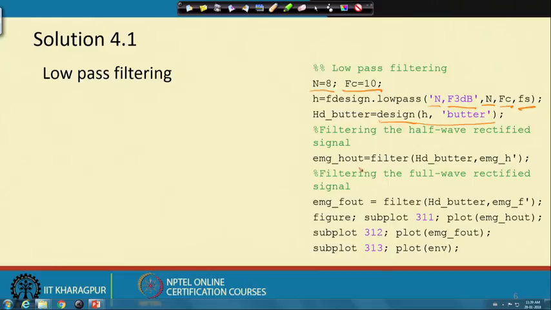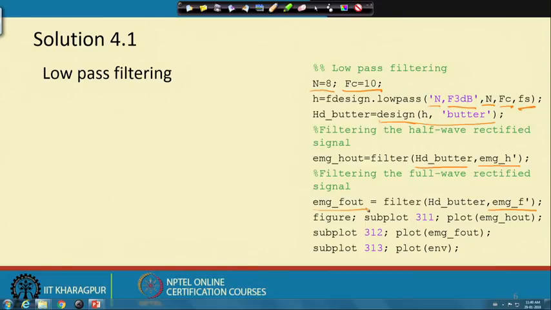First we use the half wave rectified EMG signal and pass it through that Butterworth filter. And next we also get the filtered output of the full wave rectification using the same filter, here.